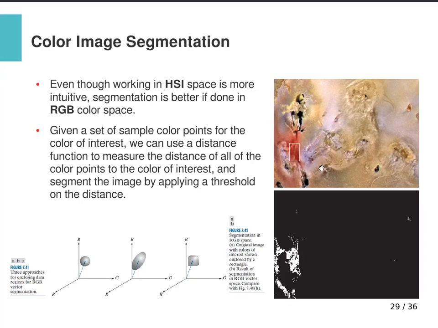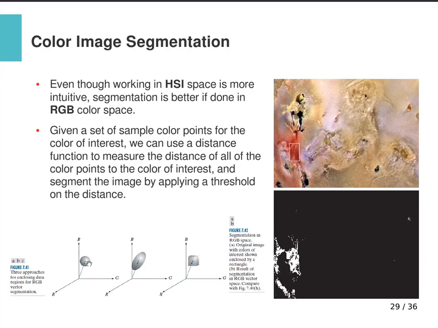So here what we have is the original image in which this box shows some sample color points. We take the average of the colors in this region in the RGB color model, and if you look closely, we can represent this average at the center of a greater region that we want to use to segment.